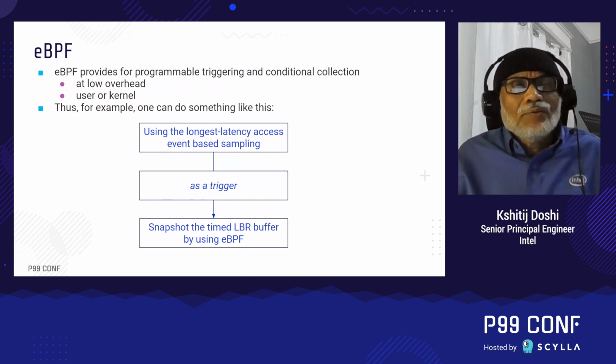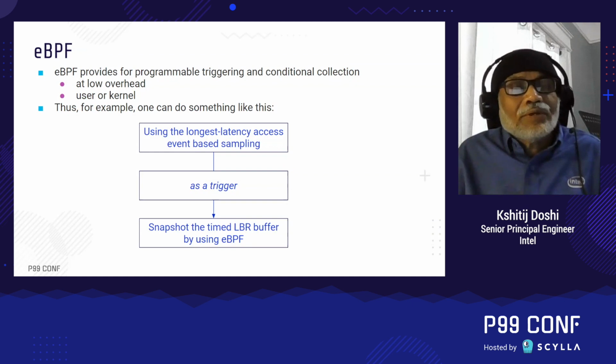So even if we were to just look at the two examples we looked at for the two hardware capabilities that we talked about, one can use eBPF based triggering to combine them both.